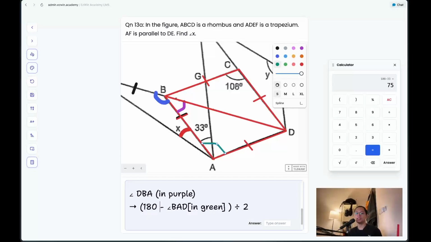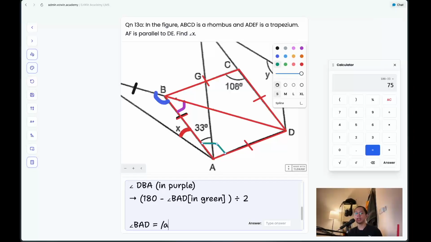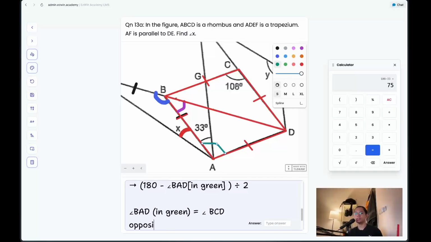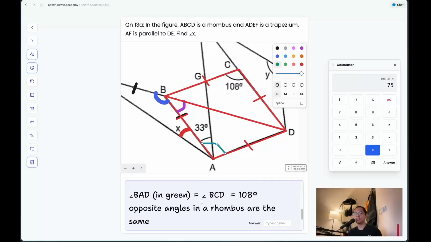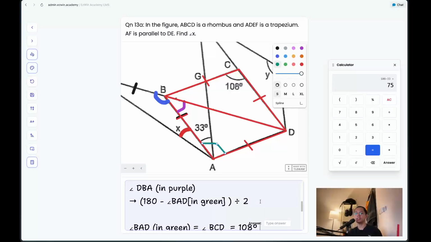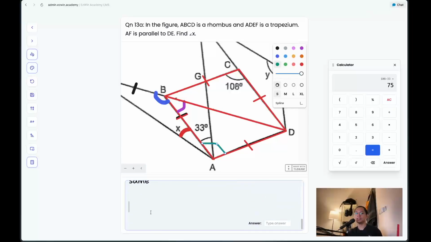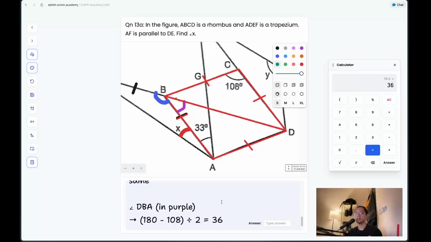So angle BAD is actually equal to angle BCD. This is because opposite angles in a rhombus are the same, which means angle BAD is 108 degrees. Since angle BAD is 108 degrees, we can get angle DBA, which is basically 180 minus 108 divided by 2, which in this case is 36 degrees.